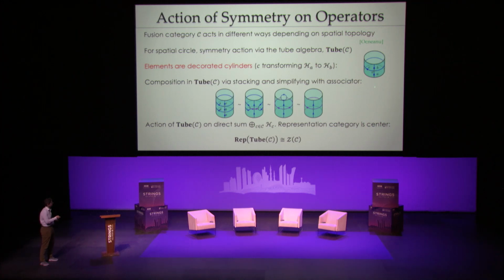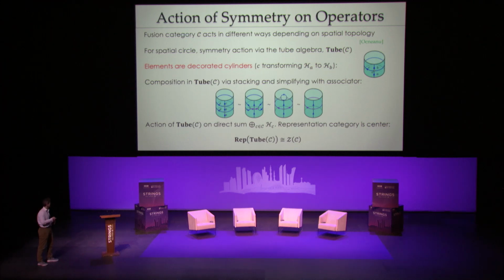So how are you supposed to think about it? So A is going along in time. C acts at a fixed time, and it converts A to B. And maybe there's some data at the junction that I am suppressing. Okay, so that's a map, C acting from twisted sector H_A to twisted sector H_B. And these pictures can compose by acting in sequence.